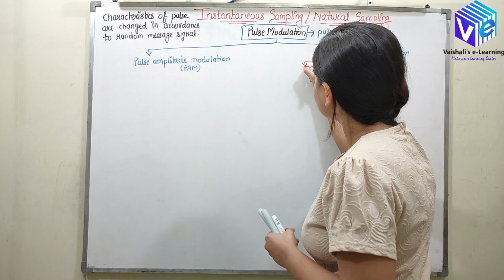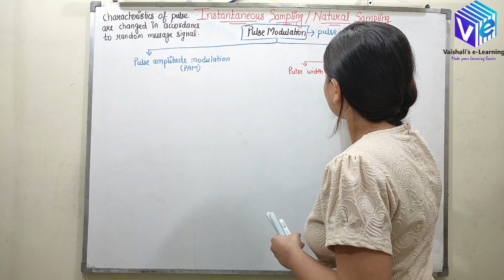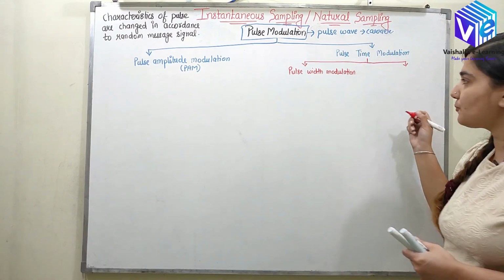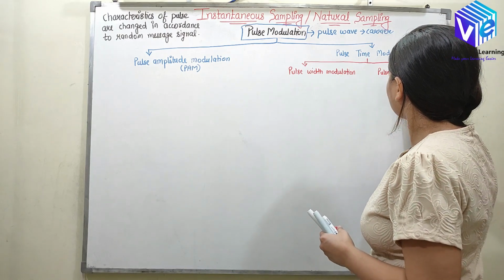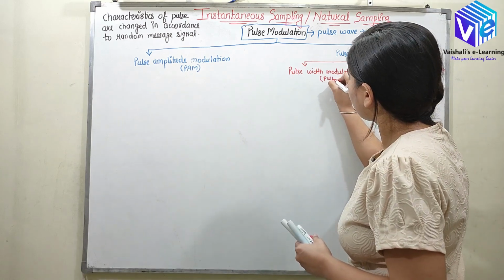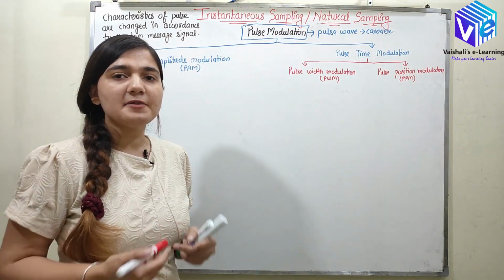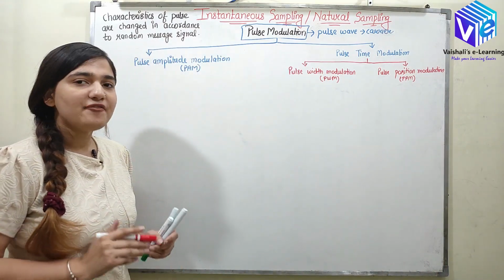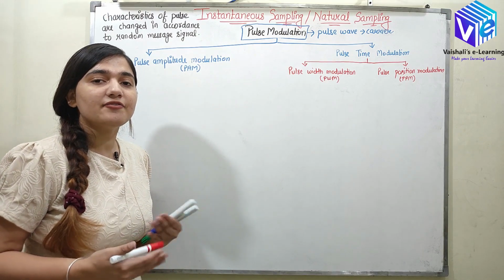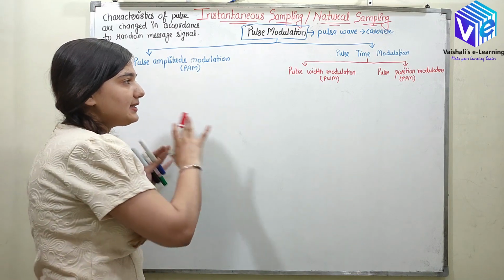The first type is pulse width modulation, and the second type would be pulse position modulation, which are known as PWM and PPM respectively. So I have talked about them previously in my previous video, where I was discussing different types of modulation techniques as well. So I hope you remember what are exactly these three types.